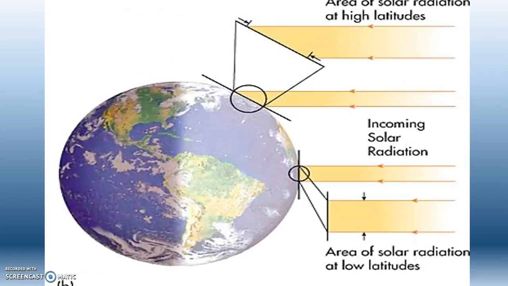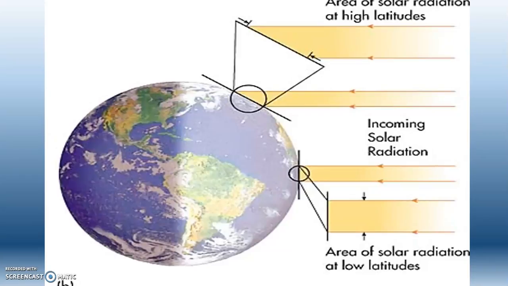And so we can go ahead and apply that concept to this diagram here. So let's look at the incoming solar radiation at the equator. That would be this area right here. Notice that the area of light is much smaller and more focused, versus incoming solar radiation at higher latitudes.